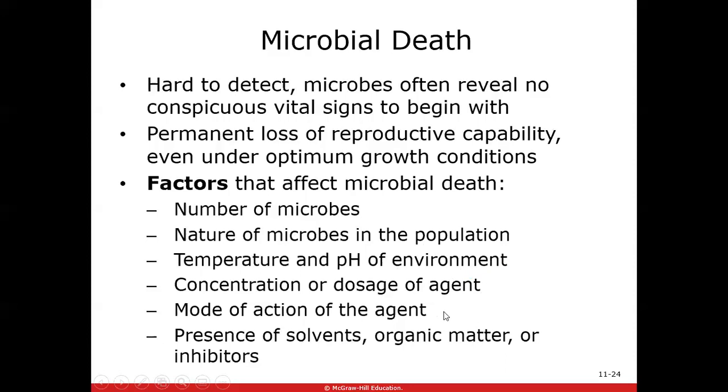Mode of action of the agent, how the agent actually goes about killing the microbe. Presence of solvents, organic matter, or inhibitors. If there's anything else in the solution that could hinder the agent's working. Organic matter may be something as simple as saliva in your mouth, and so the antimicrobial agent you put in there to kill the microbes on your teeth could be diluted out or counteracted by the saliva. It's organic matter.